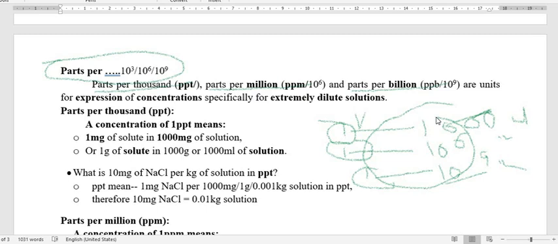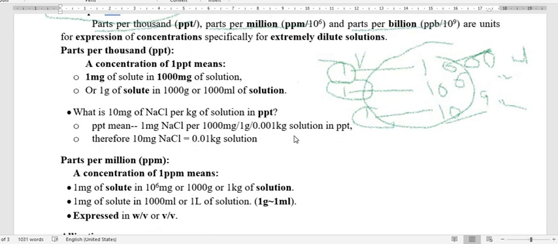Now we are going to go through one very good example. When we are talking about parts per thousand, it means 1 milligram of the solute, that is KMnO4, present in 1000 milligram of the solution.